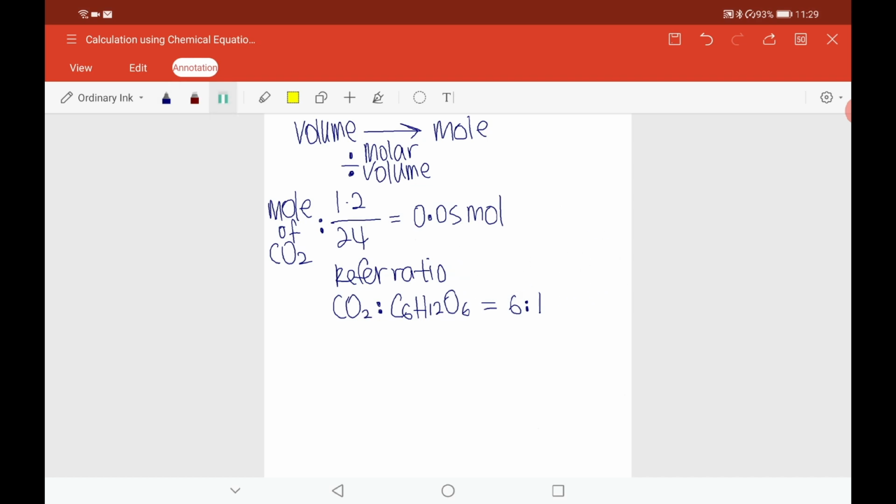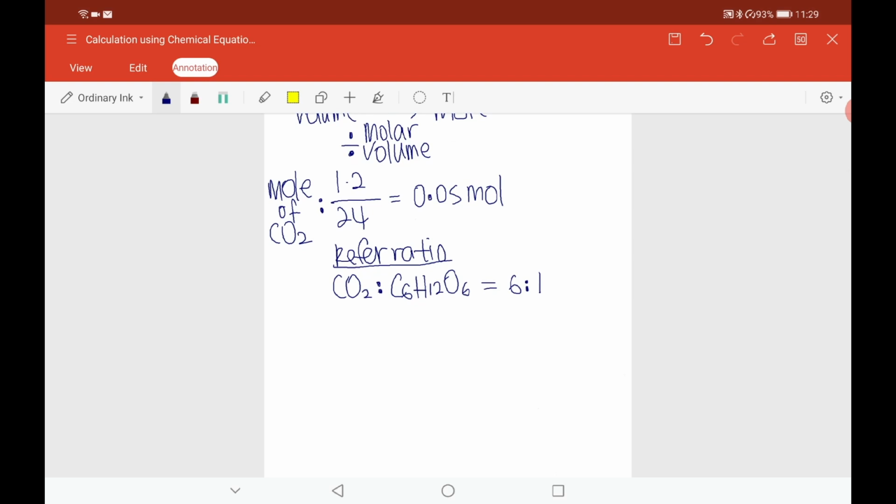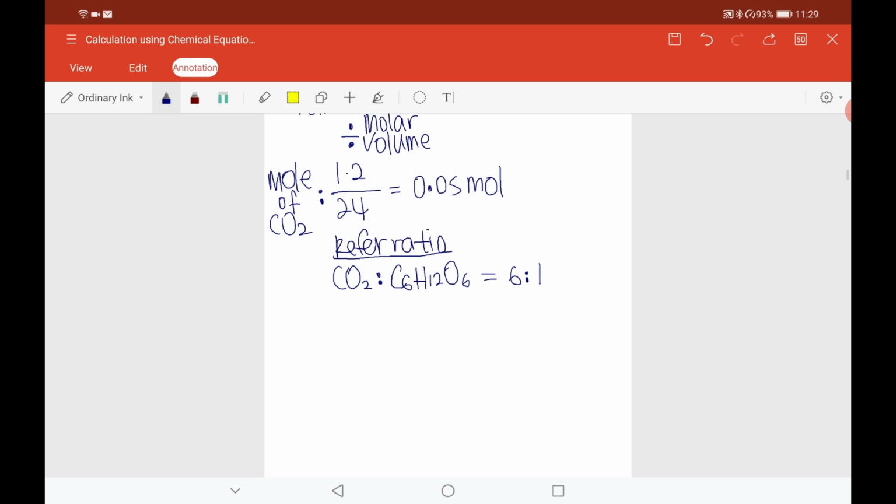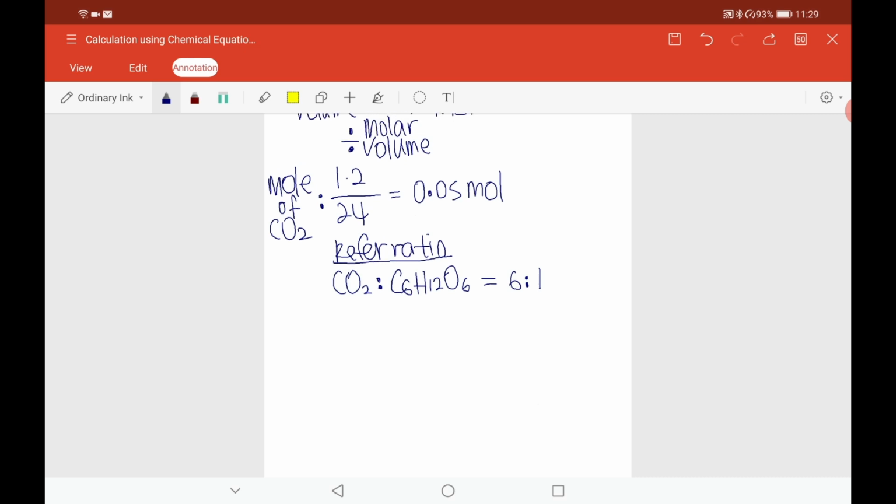From the ratio, what do we know? When CO2 has 6, glucose only has 1. So the glucose is always 1/6 of the CO2. When we have 6 CO2, we only have 1 C6H12O6. You can do mathematics, or if you are weak in mathematics, you can change to fraction, no problem. You can use your own method to do the ratio calculation.